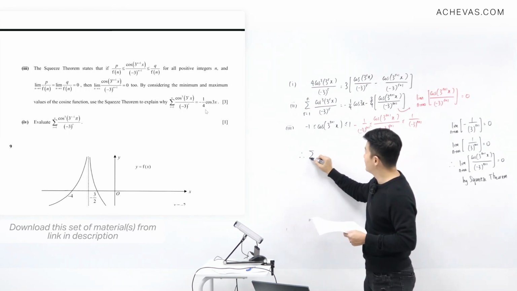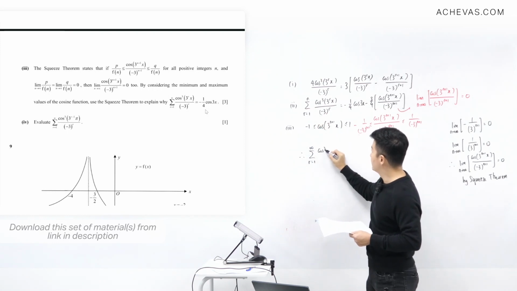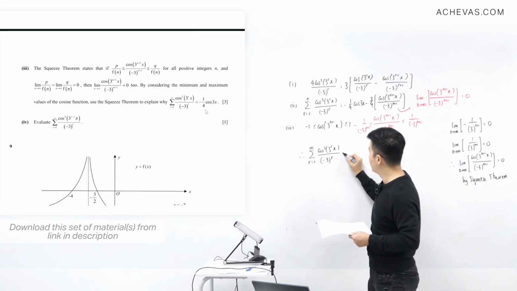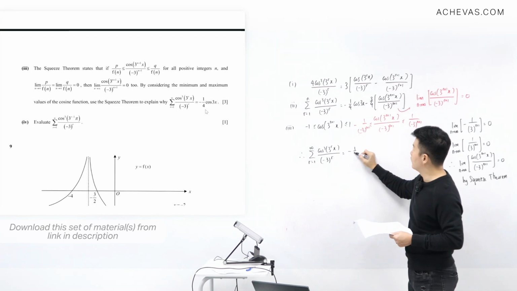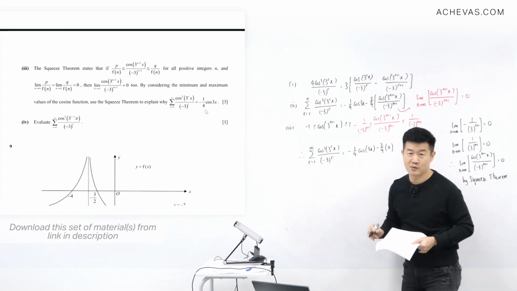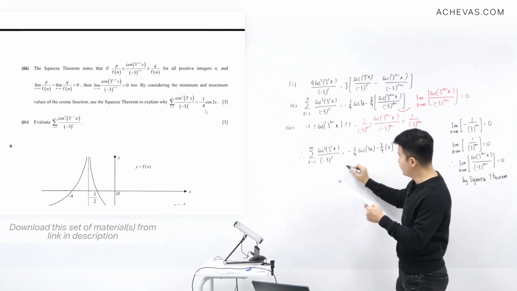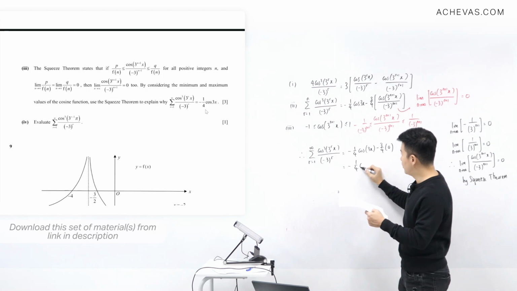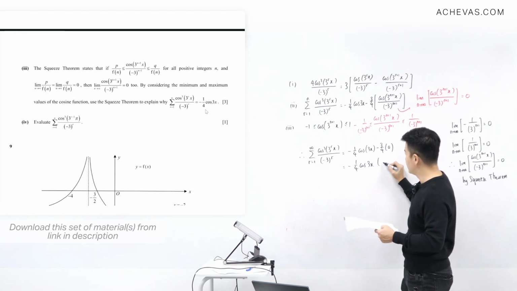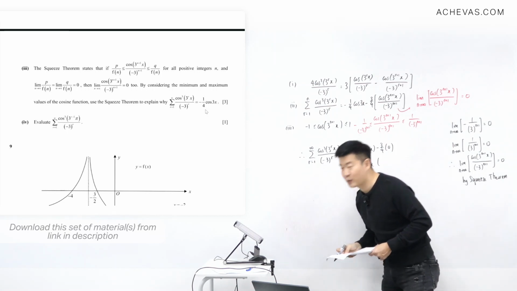The sum from r equals 1 to infinity of cosine cube 3 to the power of r x over negative 3 to the power of r is equal to negative 1 over 4 cosine of 3x minus 3 over 4 multiplied by 0, which is what we have proven. This is equal to 0. So this is equal to negative 1 over 4 cosine of 3x. And this is what the question wants us to explain.